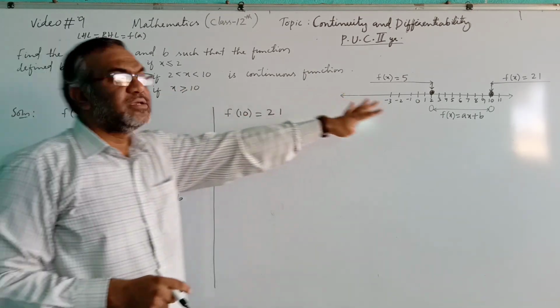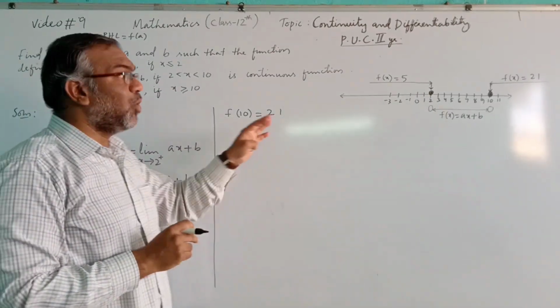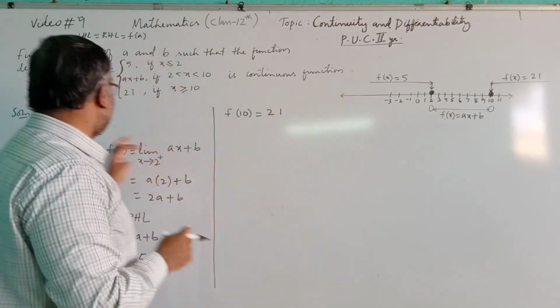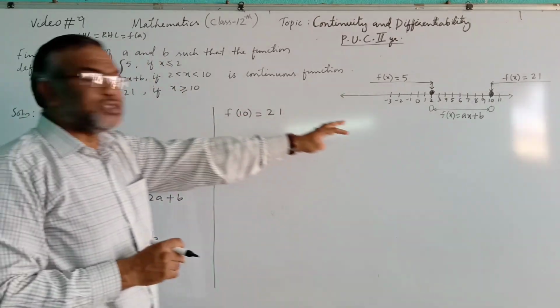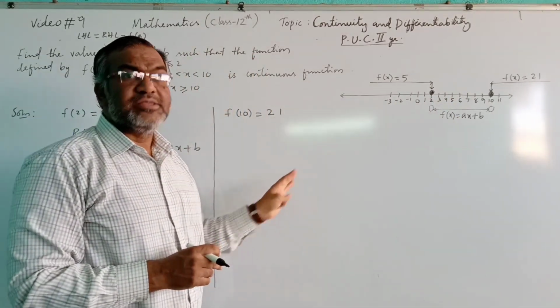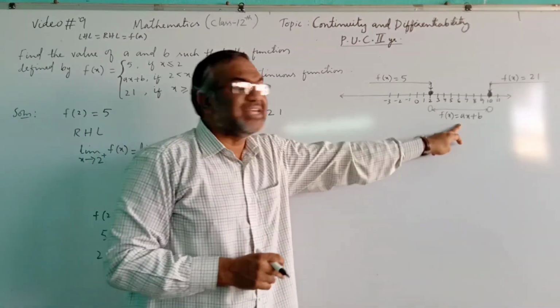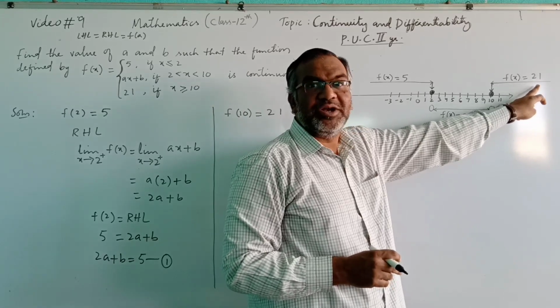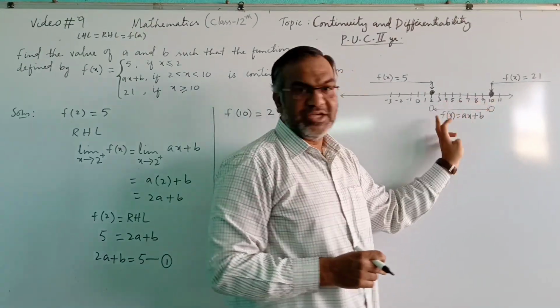Now let's find the limit. Should we find RHL in this case or LHL? Like we found RHL here, should we find RHL or LHL this time? We have to find LHL again because on the right of 10, the value is always 21. So we will find LHL.